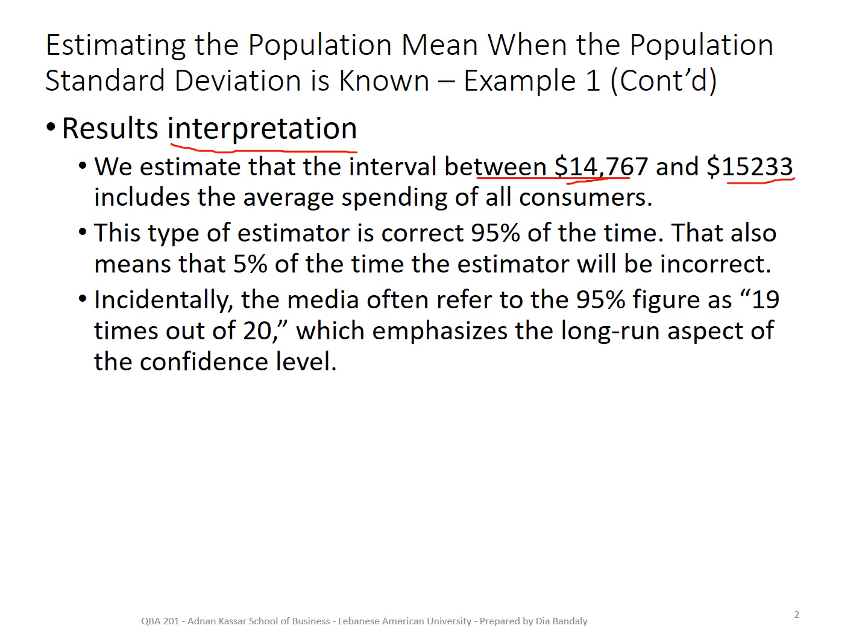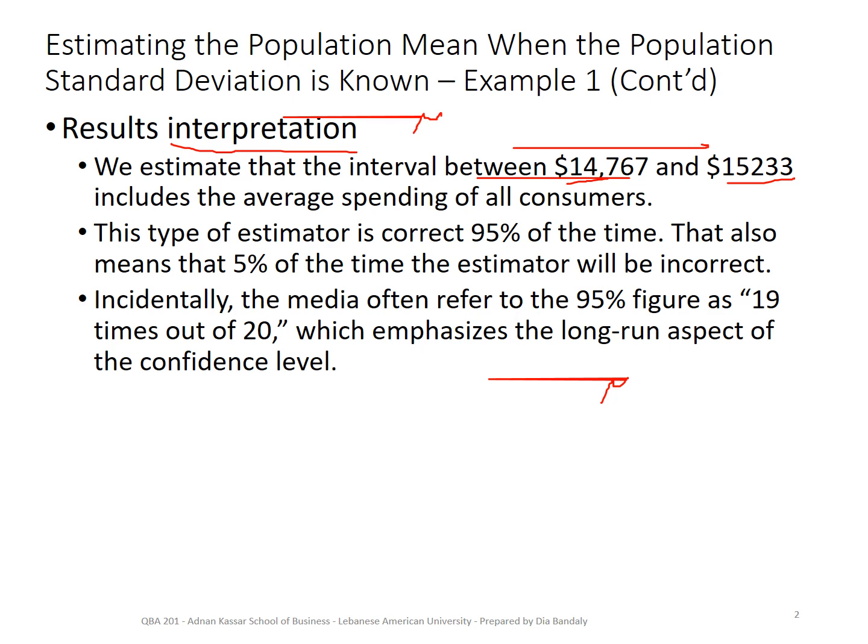And notice here that I did not say that I'm 95% confident that mu is between this and that, right? I'm not saying that because mu is one value. It does not change. This is the parameter of the population. So I cannot say that the probability that mu is between one value and another value is equal to 95%.